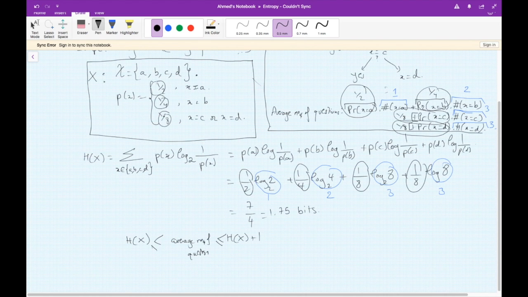Try to do this example, try solving the average number of questions using this tree method for, I don't know, for x equal to c. Let's say the probability is 1 over 8 minus 1 over 32. And here 1 over 8 plus 1 over 32, right? So try answering this and check if it's still bounded between H of x and H of x plus 1, okay?